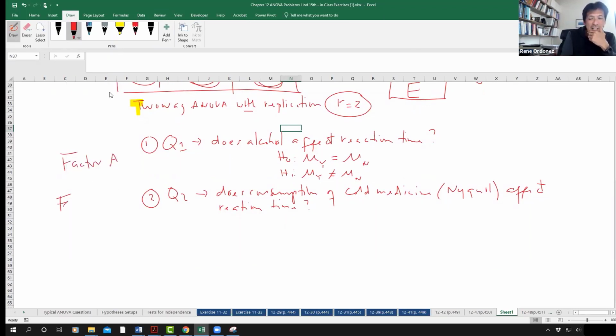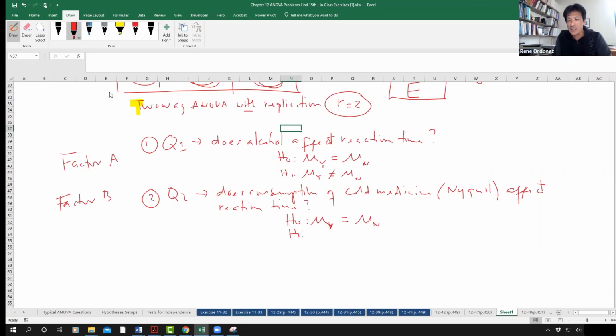We'll call this the factor B test. We'll set up the hypothesis as this: the average reaction time of the students who consumed NyQuil is equal to the reaction time of those who did not. Translated, cold medicine does not affect reaction time.